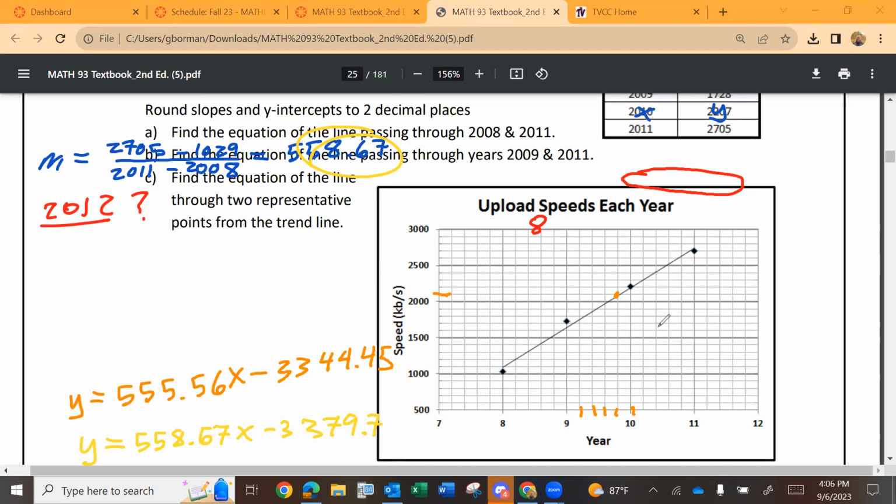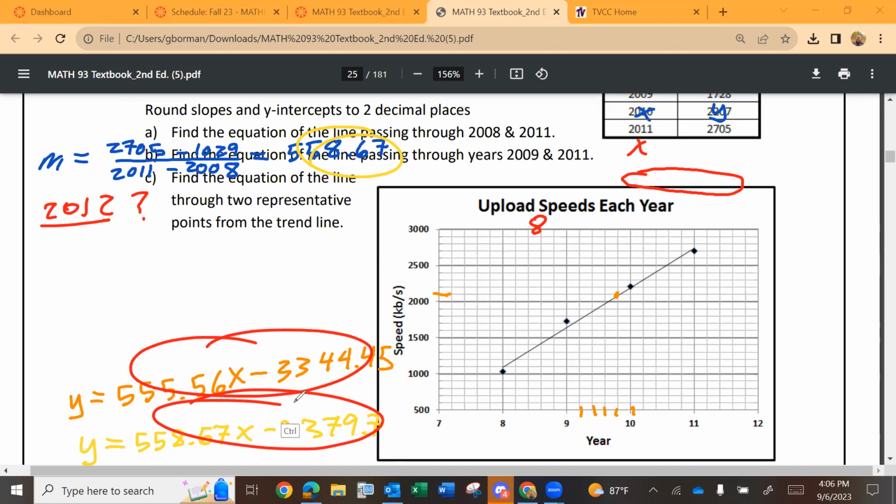Well, 2012, that's an X value. That's one of the years. That's year number 12. So I would take either that equation or that one, depending on which one I'm asked to do.